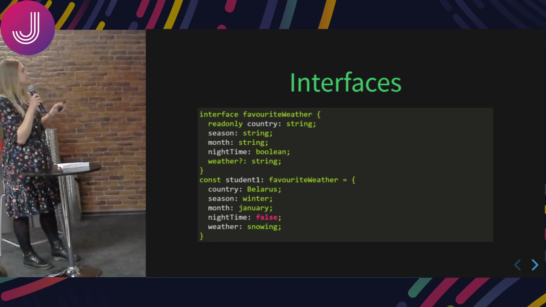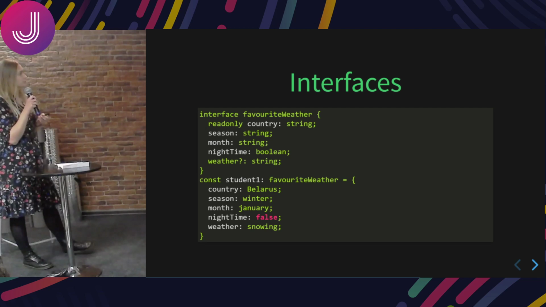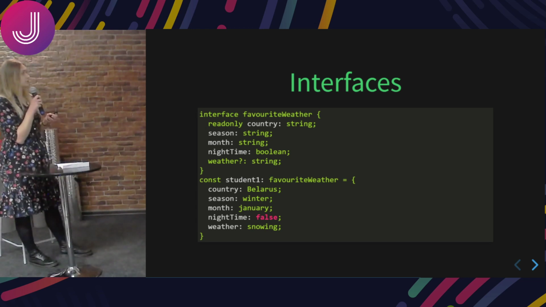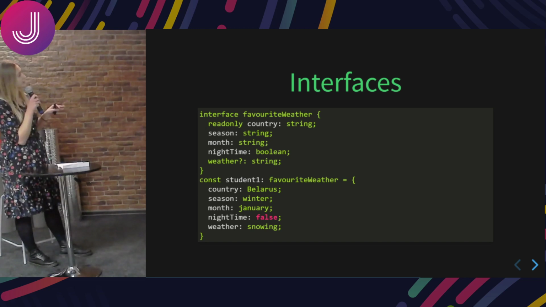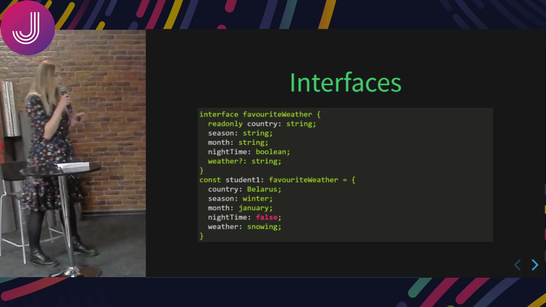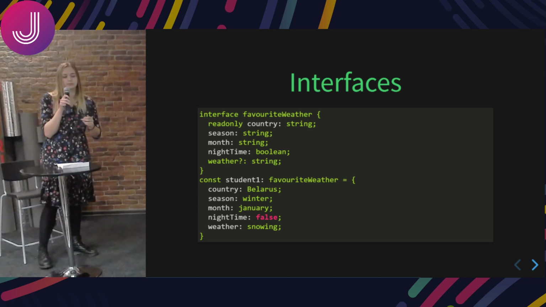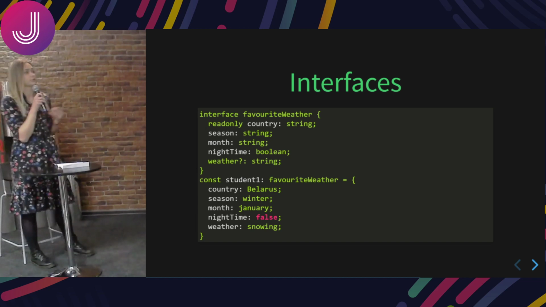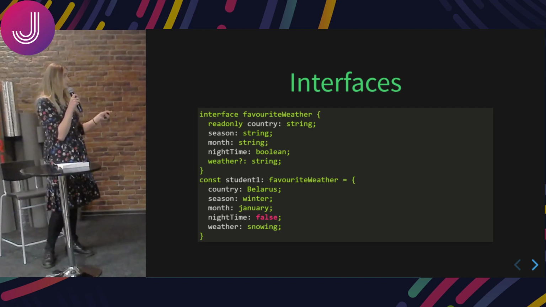On the slide you can see the interface favorite weather with the first read-only property country, a string, so it's only a read-only property. And the last that I would like to mention here is weather with a question mark. That means that this property is not mandatory, so you can create interfaces with or without this property.